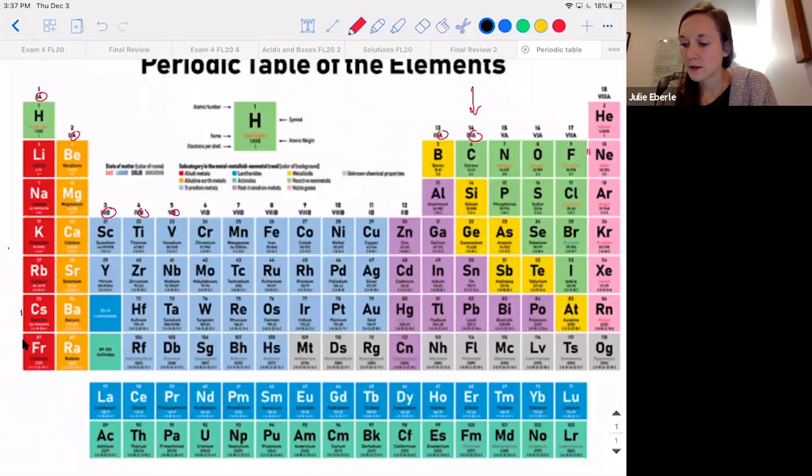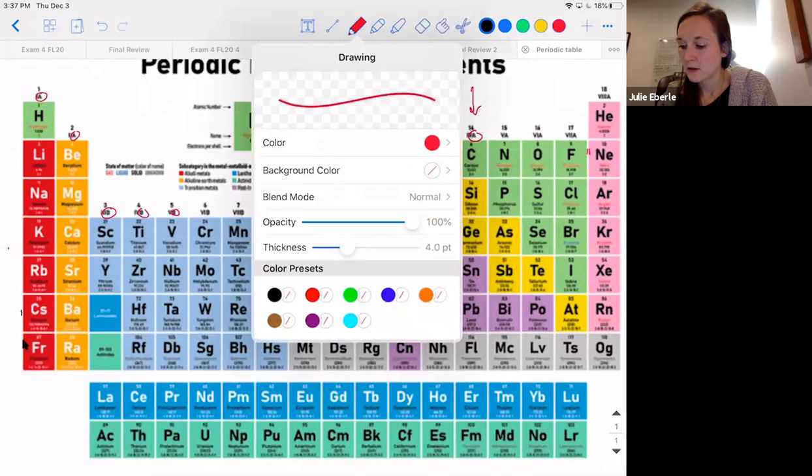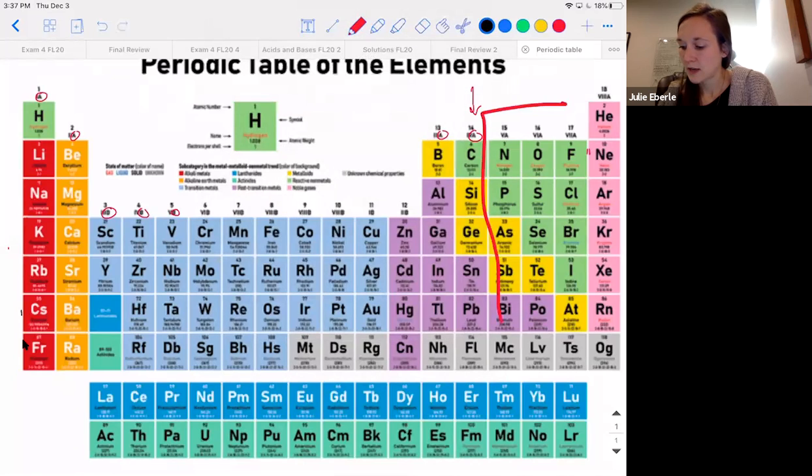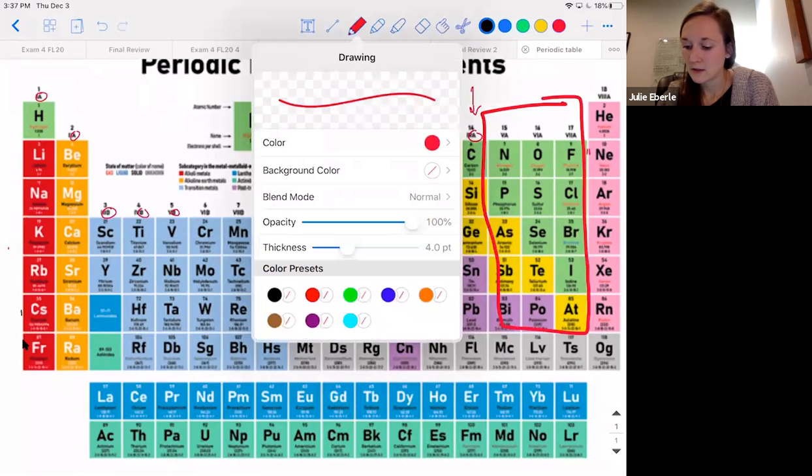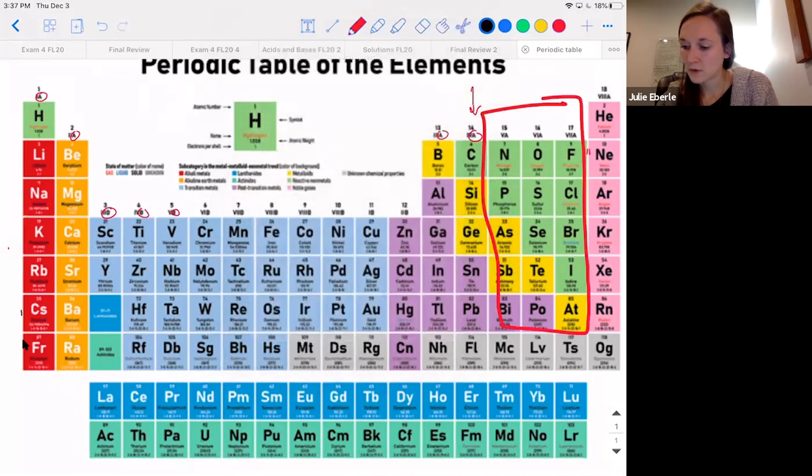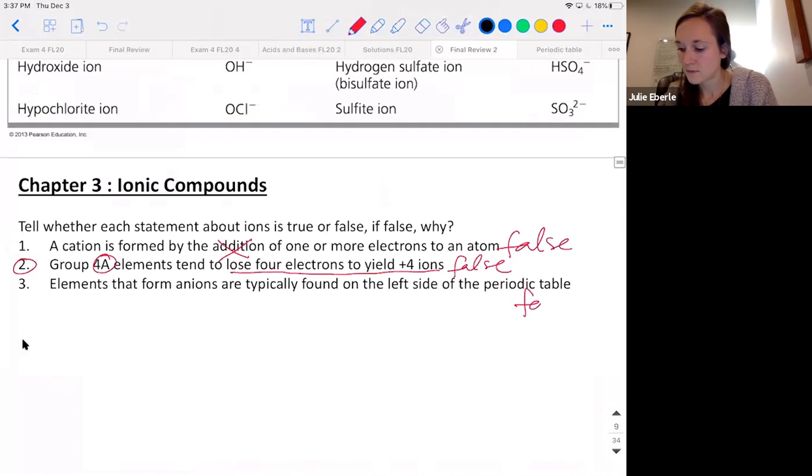And that is over here on this side of the periodic table, okay? And that is not the left side, that is the right side. So this is false as well. Anions are typically found on the right side of the periodic table.